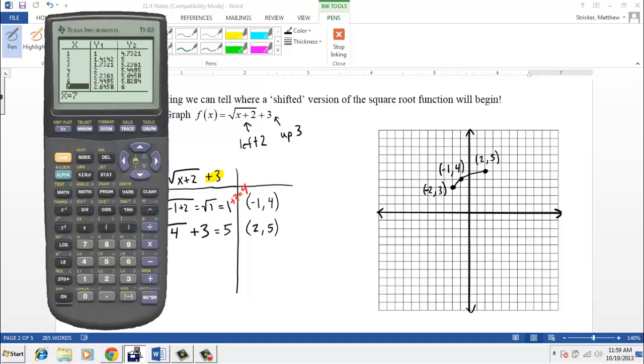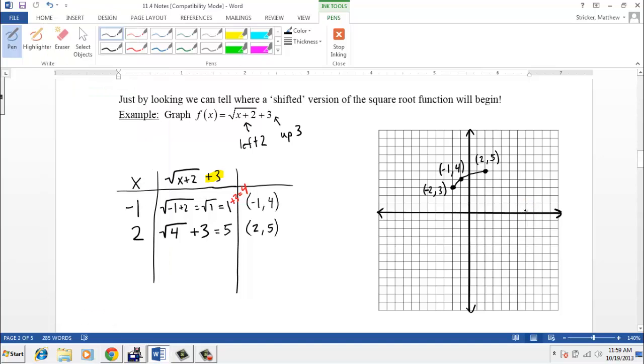Because if I take 7 plus 2 in my function, 7 plus 2 is 9. The square root of 9 is 3. 3 plus 3 is 6. So 7, 6. That's our next point.